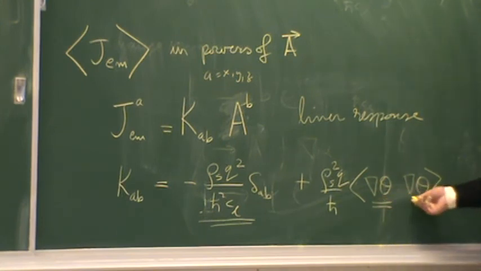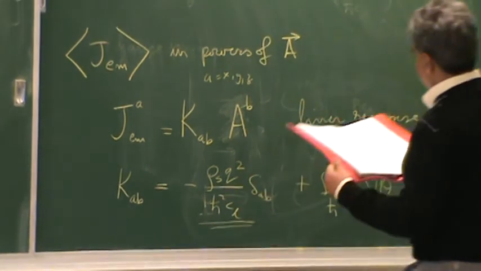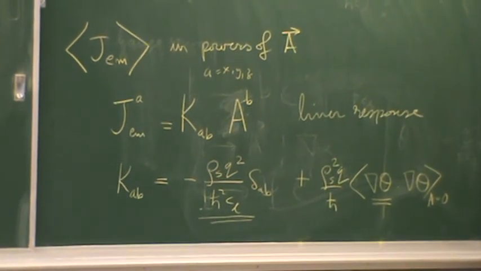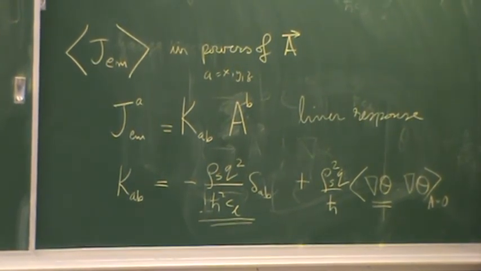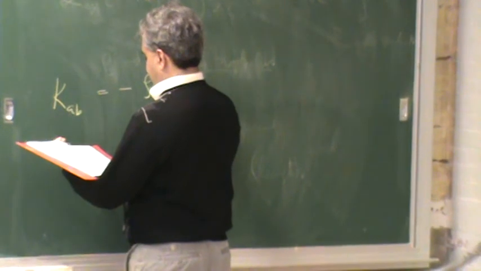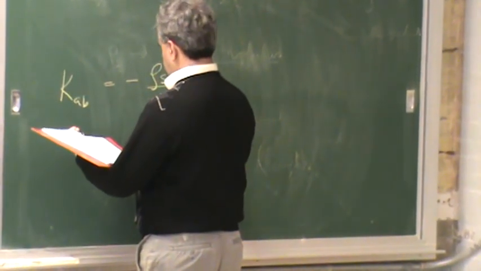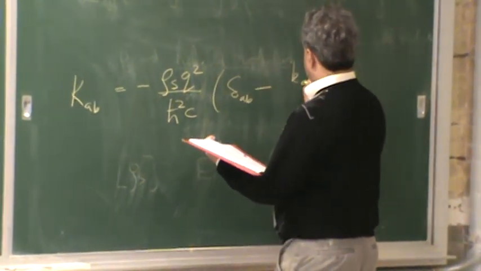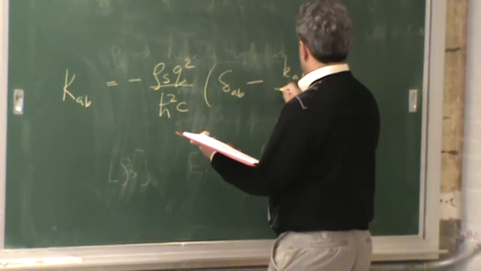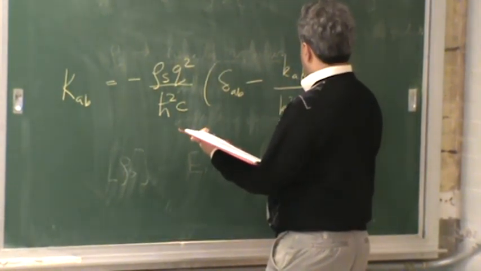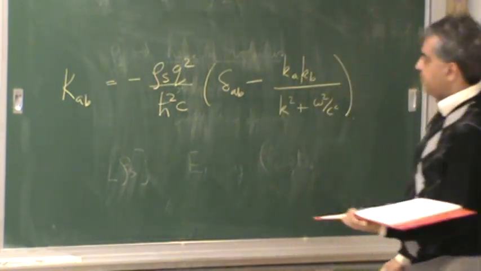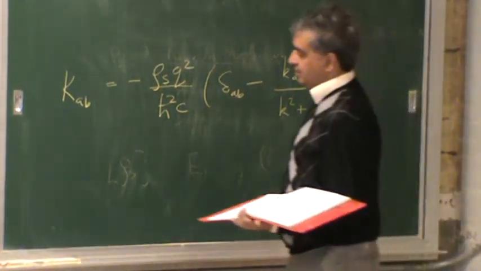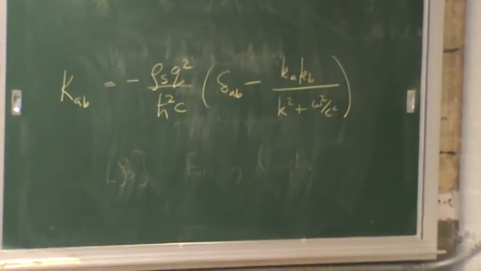All right, so now this is just the grad theta correlation function in this action. So you can work it all out. And the final result is this K is going to be equal to minus rho s q squared over h bar squared c times that's the linear response of the current to a field.